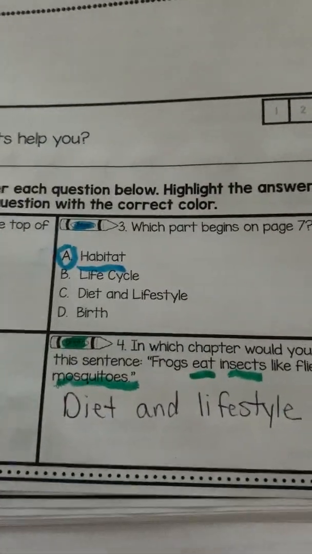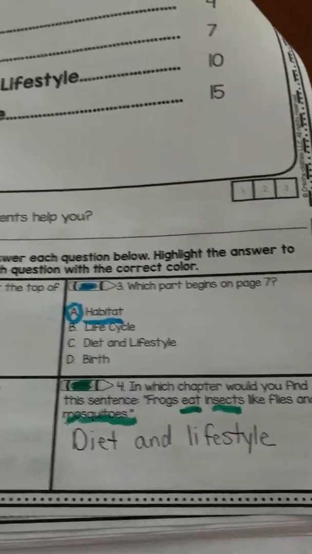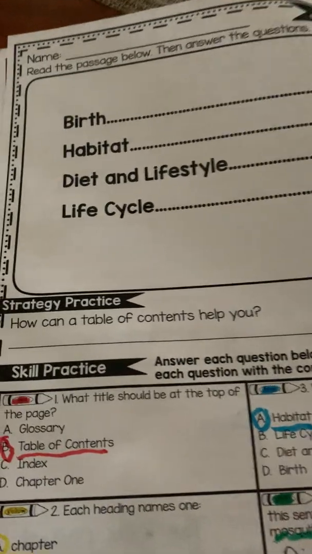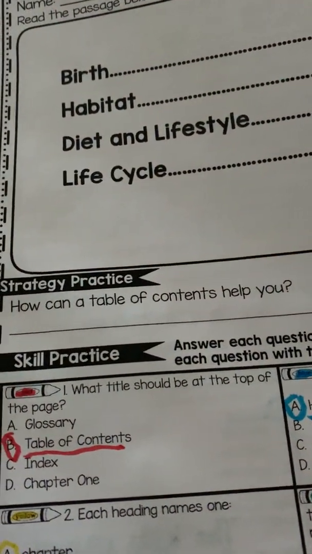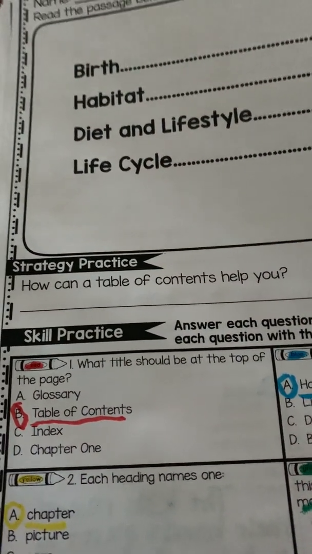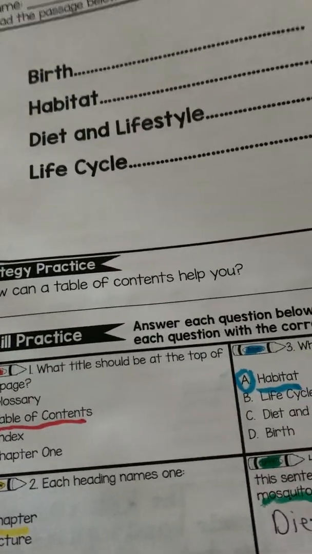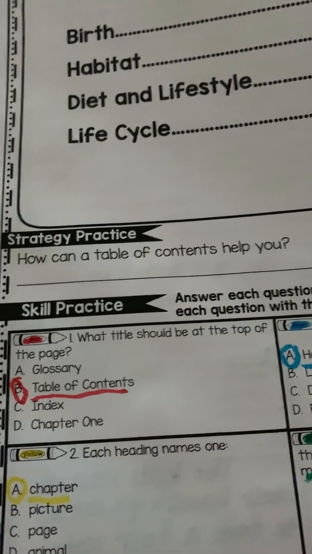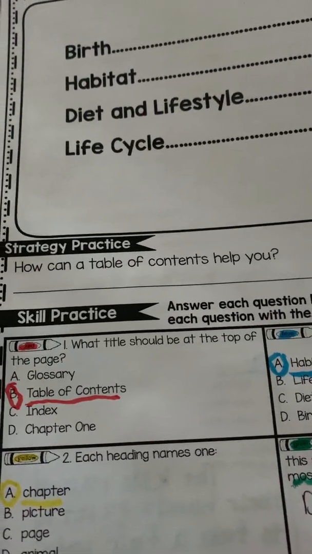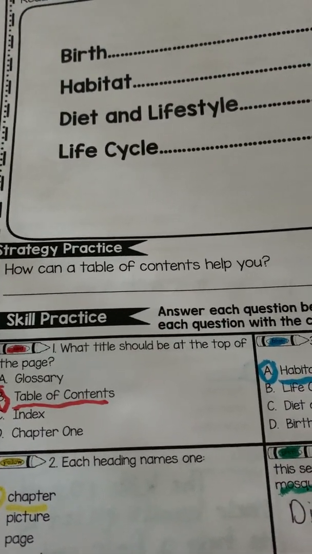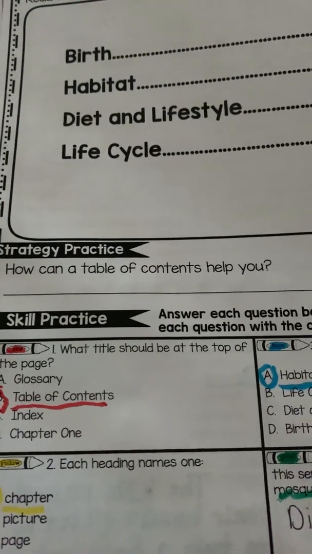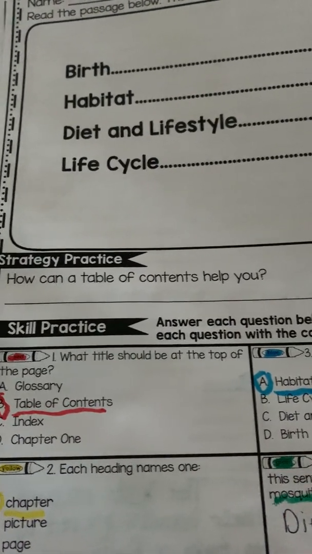All right, boys and girls, now I said we'll go back to the question, how can a table of contents help you? If I answered this in a complete sentence, I know I would start with a capital letter, and I would use the words in the question to write my answer. So how can a table of contents help you?